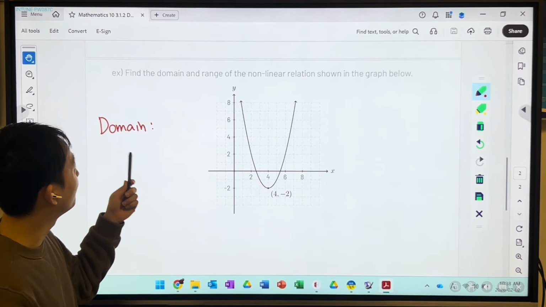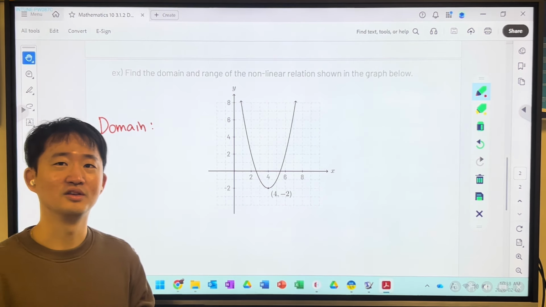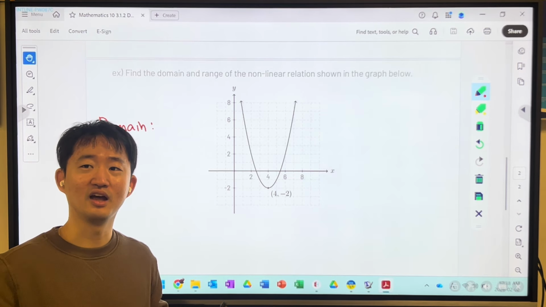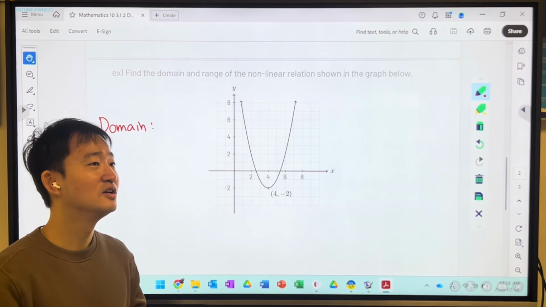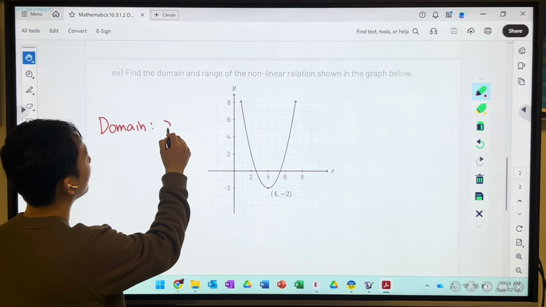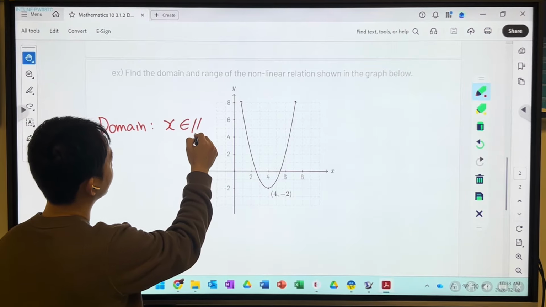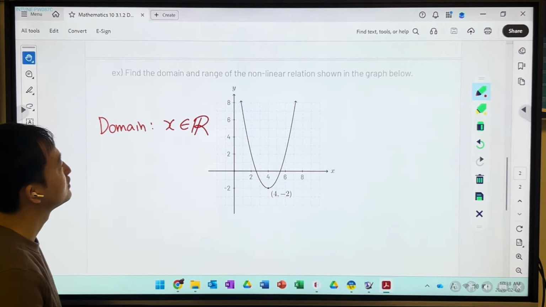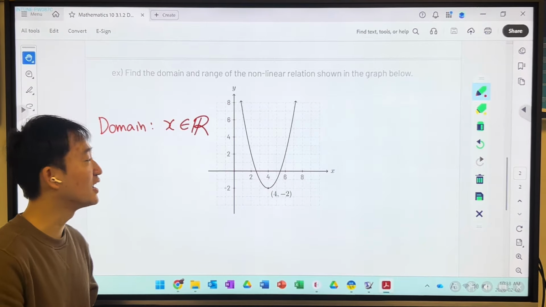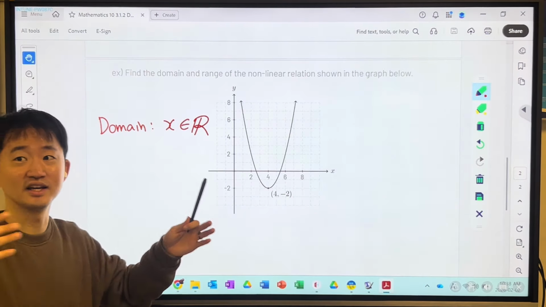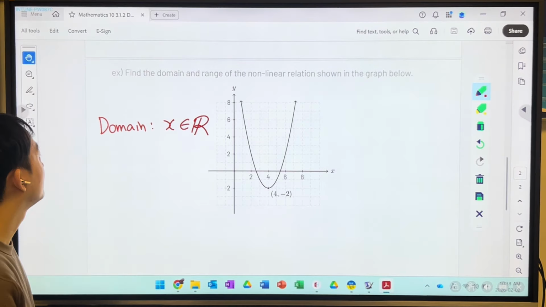In fact, in this graph, there's no limit on the value of x that we can have. So we can say that the domain is x is an element of all real numbers. We'll annotate that in a second. It means that x can take any value possible.